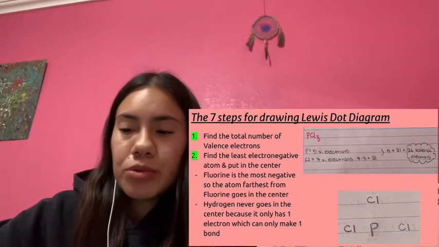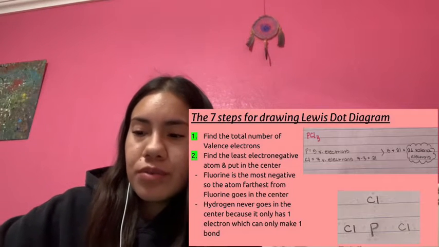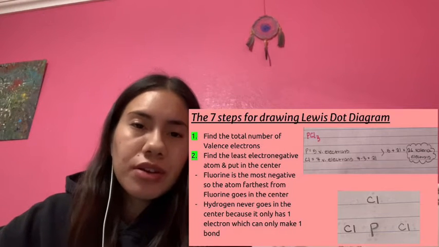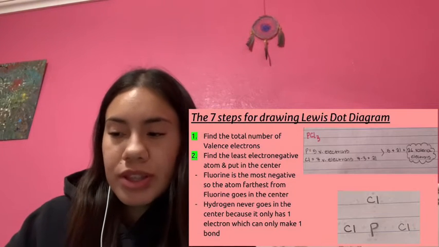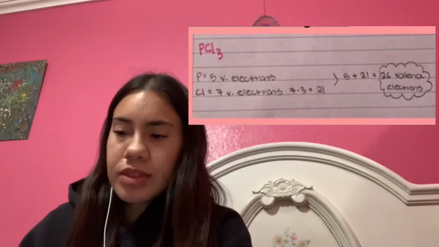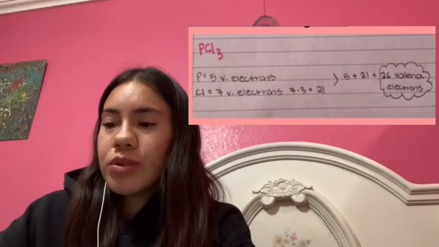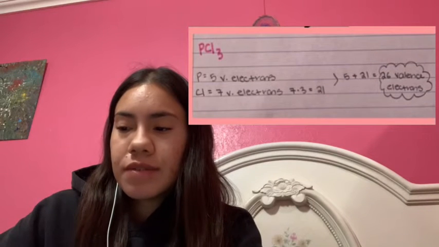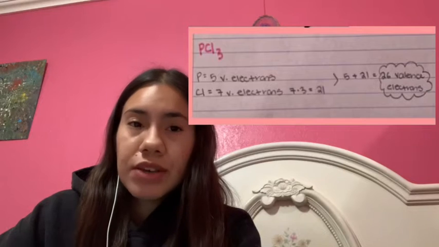The 7 steps for drawing a Lewis dot diagram. The first step is to find the total number of valence electrons. To get a better understanding of the steps, we're going to do the example PCl3, where the 3 is for chlorine alone. We know phosphorus has 5 valence electrons, and chlorine has 7 valence electrons.